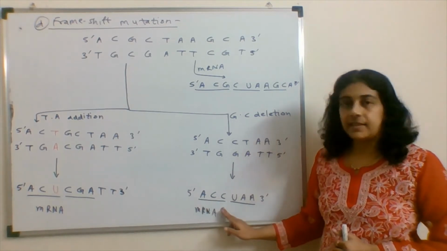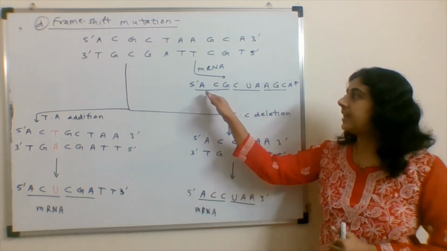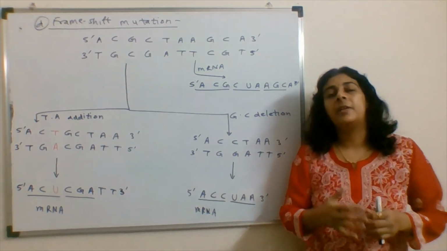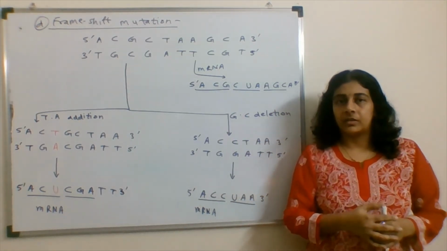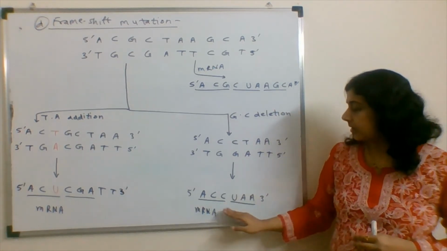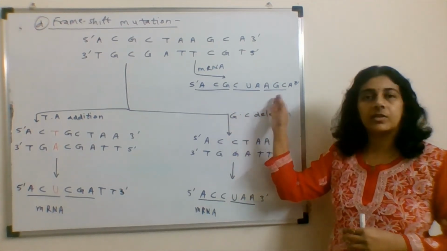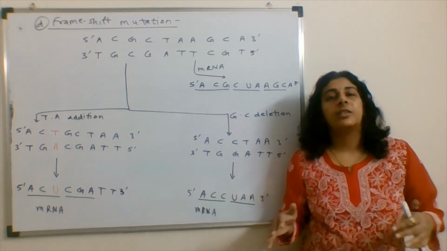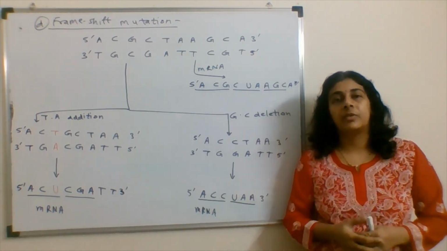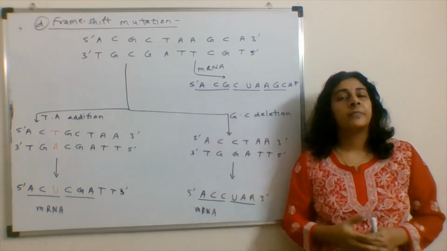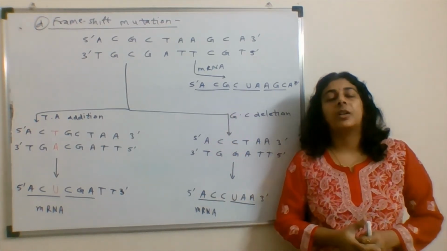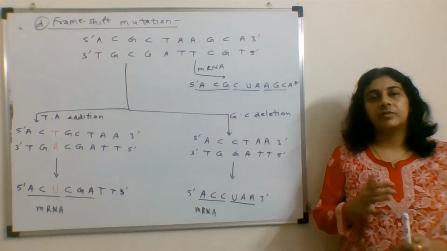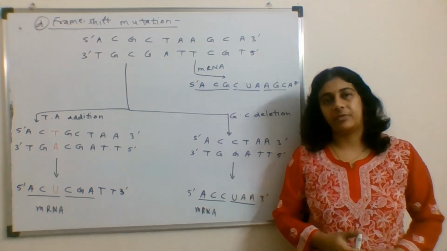Here it is ACC, whereas in the normal case it is ACG. Again there would be a difference in a codon. Not only the first codon, all other codons would also get shifted. So the formed protein would be totally different from the protein which is present in a DNA without the mutation. This is the type of mutation we call a frame shift mutation.